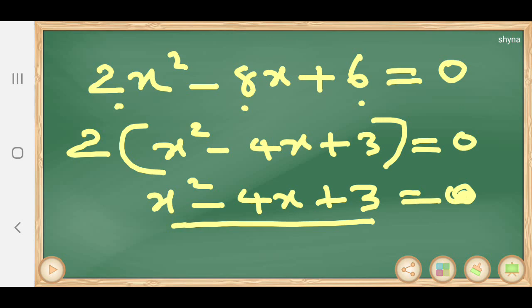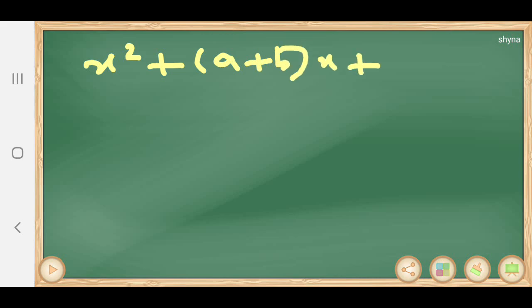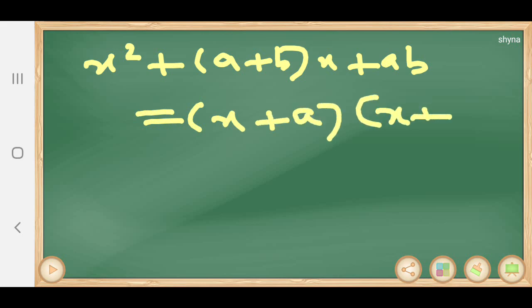Now we all know that this quadratic equation is in the form of which one? x square plus (a plus b) into x plus ab. We have already studied the algebraic identity x square plus (a plus b) x plus ab equal to (x plus a) into (x plus b).